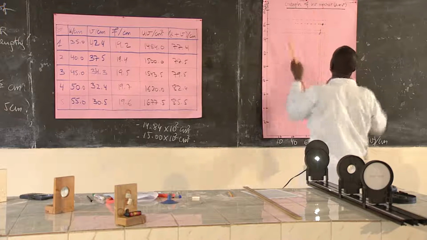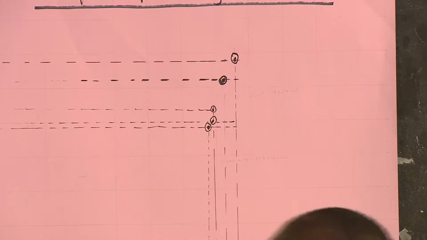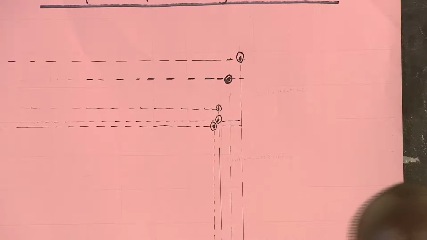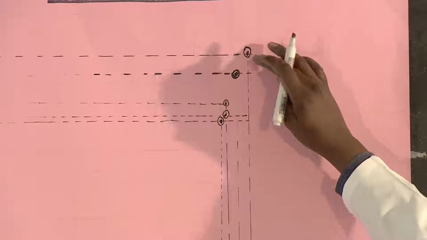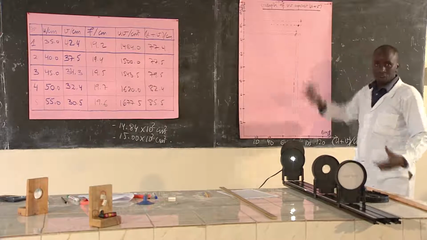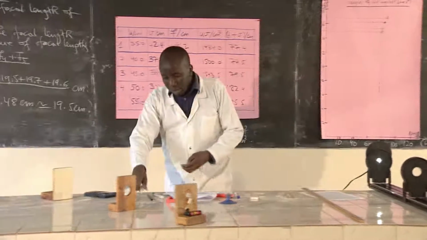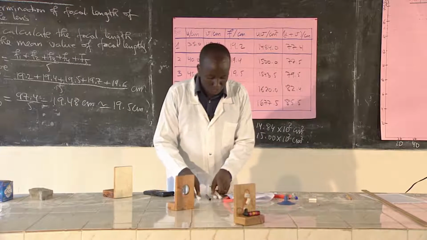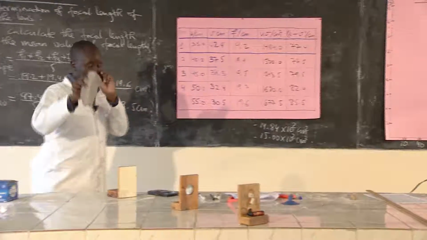Okay, then after we find this one. So did you follow how now I have determined this intersection of the points, the data? So 1, 2, 3, 4, 5 points. So now I have to draw a line that we call the best line of fit. What is this line? I hope you remember the line.